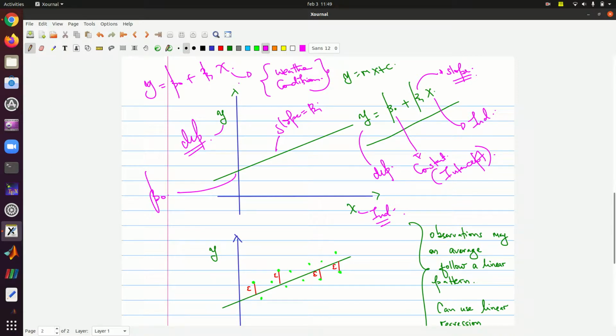So if this would be the relationship, then intuitively beta naught would be the number of road accidents when x is 0. In absence of, if this factor is not considered, then this would be the number of road accidents.